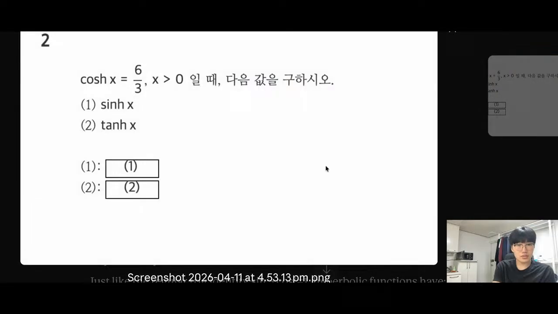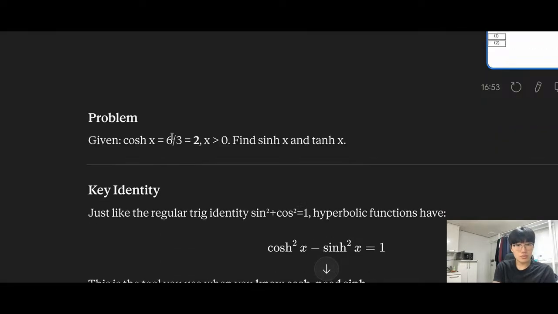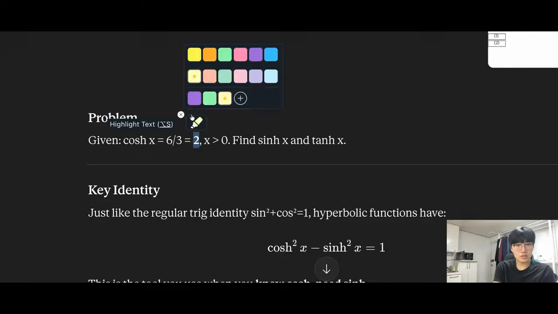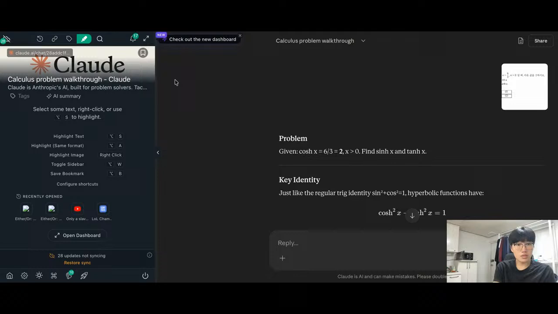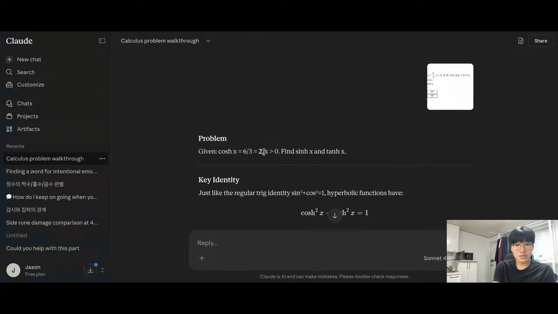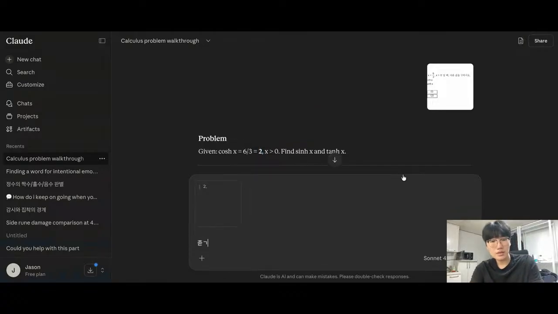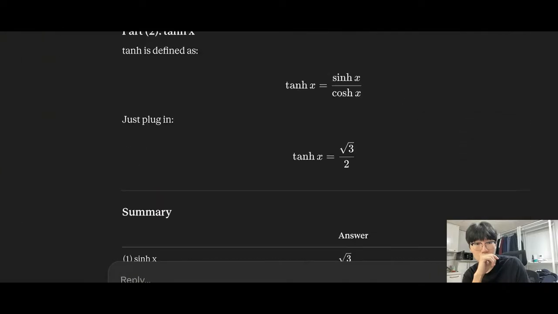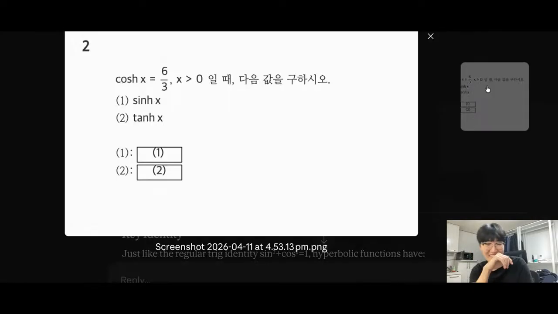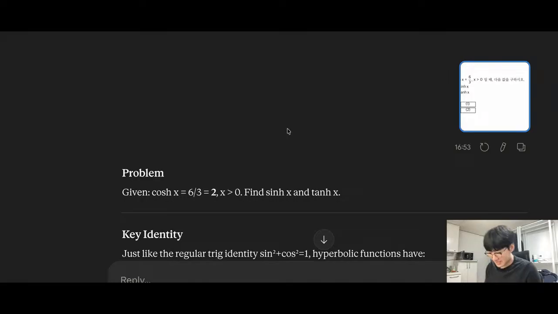Where did you get the 2? Can I please turn it off? Oh, all right. So cosine hyperbola equals 2.